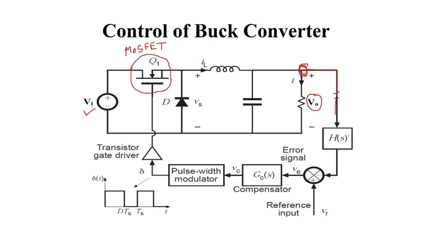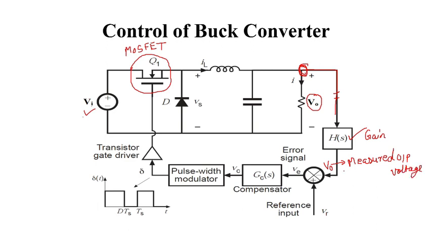This HS is the gain of this feedback circuit. At this point we have the measured output voltage.